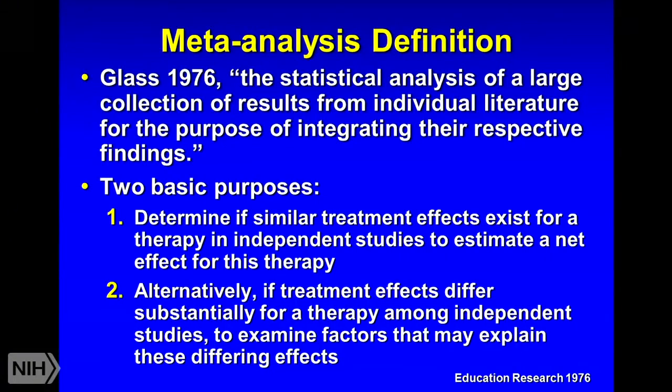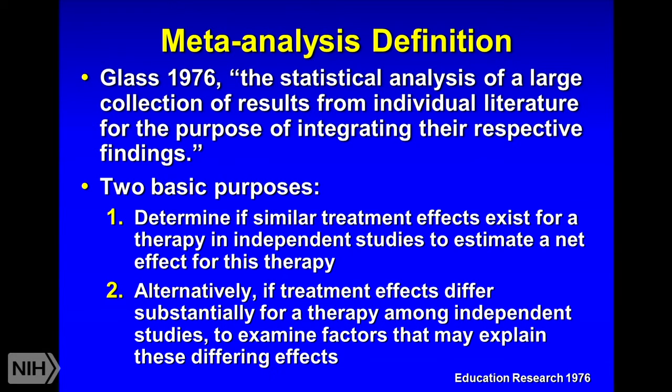So the term meta-analysis was first coined in 1976. And you can say, well, why in 1976 did they first try to define a meta-analysis? Well, in some respects, a meta-analysis is dependent upon a randomized controlled trial.